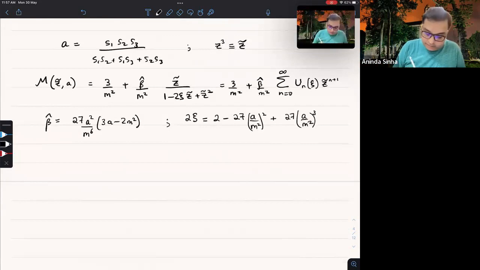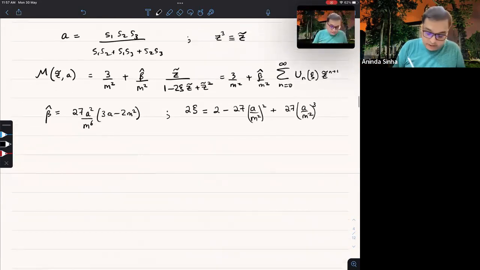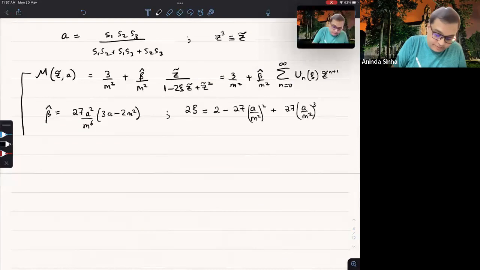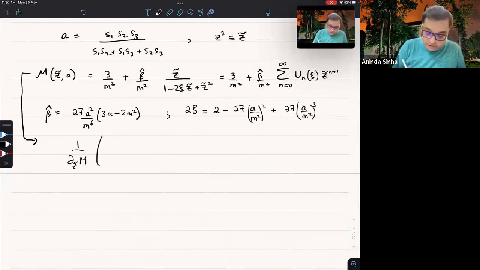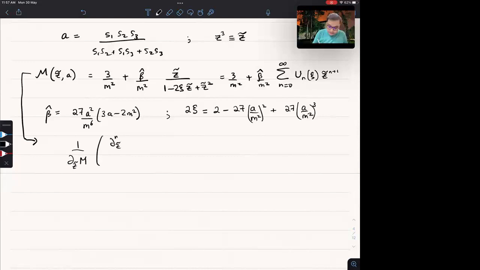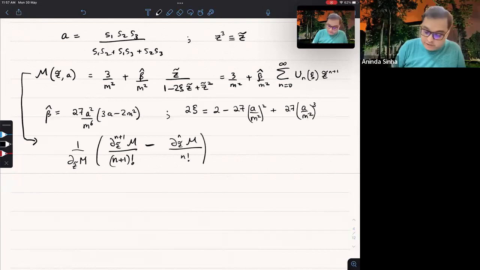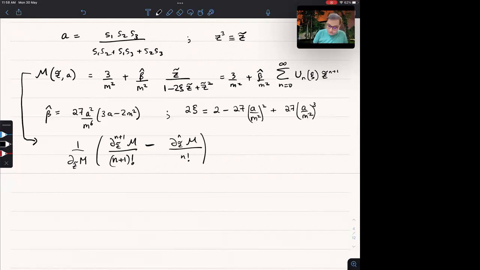So let me just write down one more thing and then it'll become clear. Using this, it is straightforward to see that this is going to make that equation most precise, what I wrote in the first slide. So you're just basically taking the Taylor expansion coefficient of M and forming this combination.